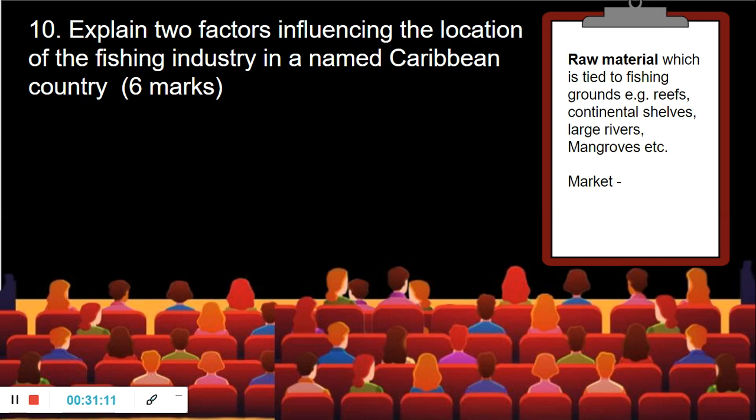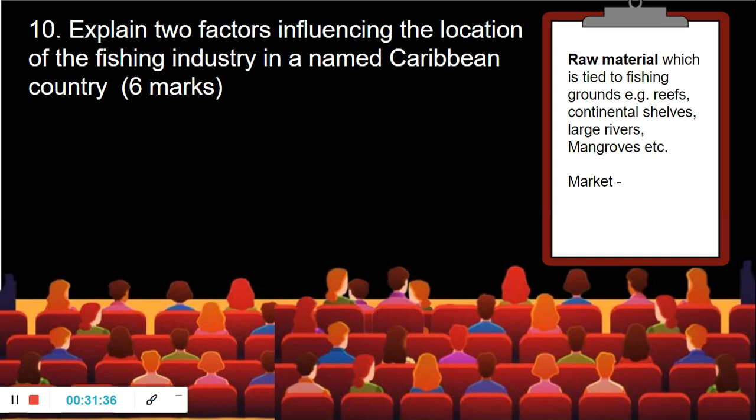So those areas again act as fishing grounds. So with those fishing grounds, it means that fish will be available, and of course it's a primary industry. And so the raw material itself is necessary in order to have this type of industry.